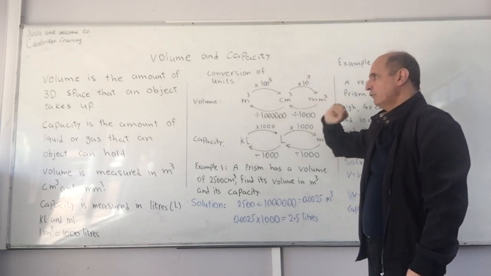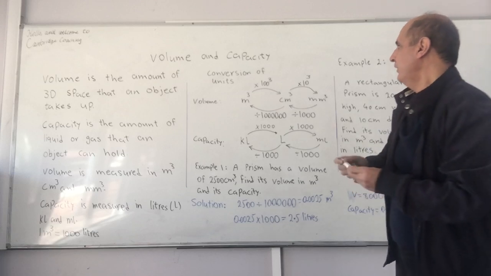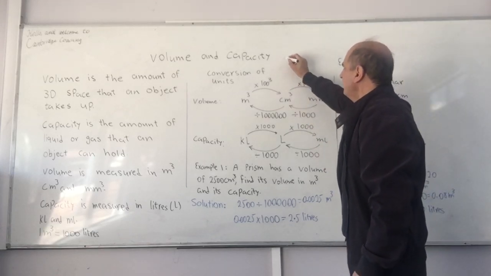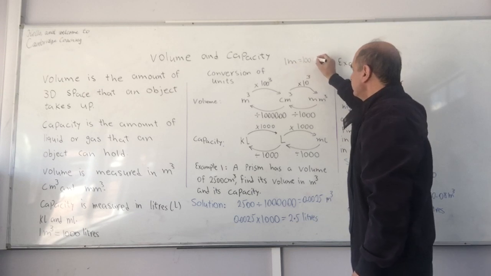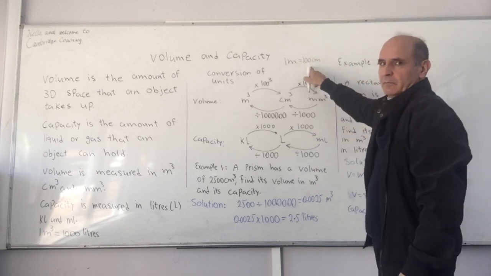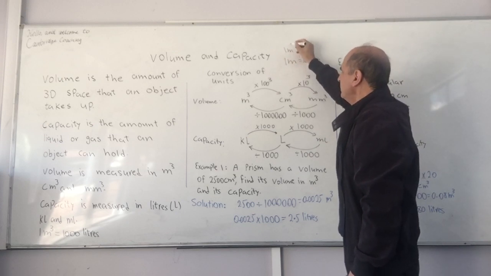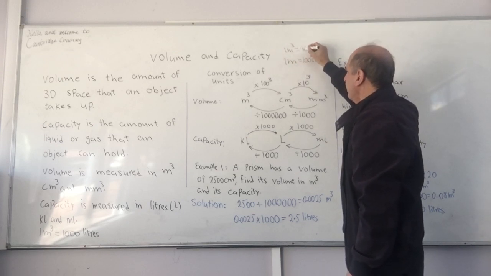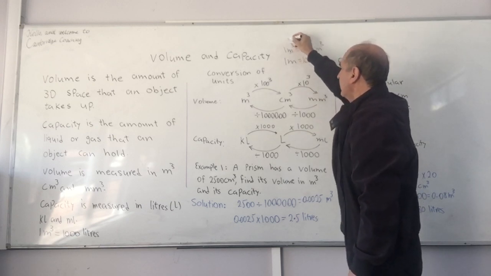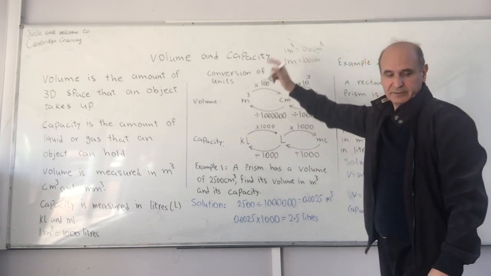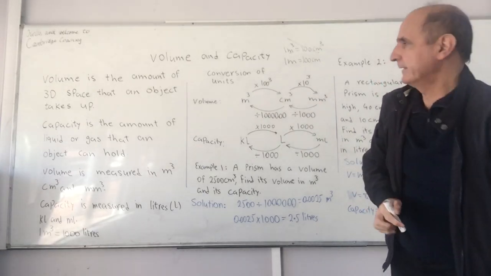Okay, you got to be careful here because 1 meter is 100 centimeters, but we cannot say that 1 cubic meter is 100 cubic centimeters. That would be wrong. It is much more than that.